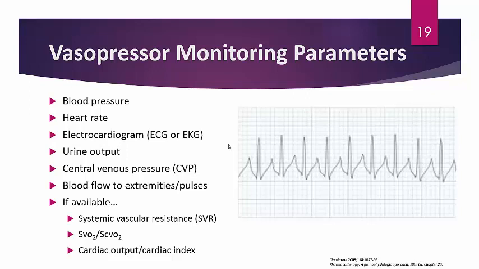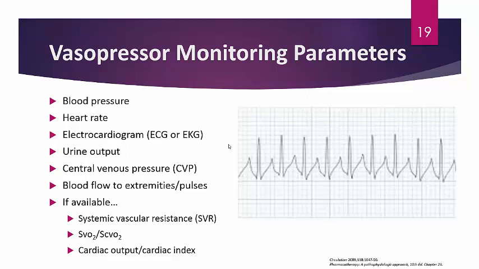We want to monitor central venous pressure, because remember, ideally first we should have fluid resuscitated the patient. Is what we're doing vasopressor therapy-wise appropriate, or do we need to give more fluid to the patient? We need to check blood flow to the extremities. Is the vasopressor clamping down appropriately and increasing blood flow to the extremities to prevent potential digital ischemia or gangrene?